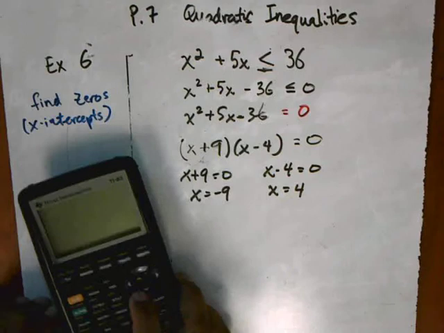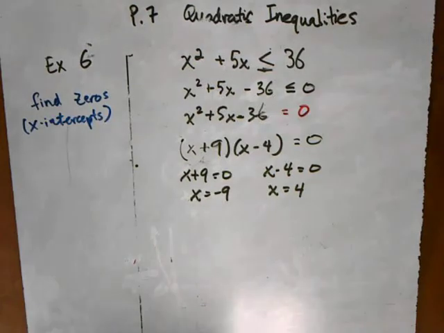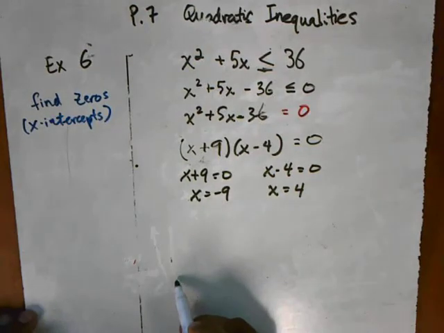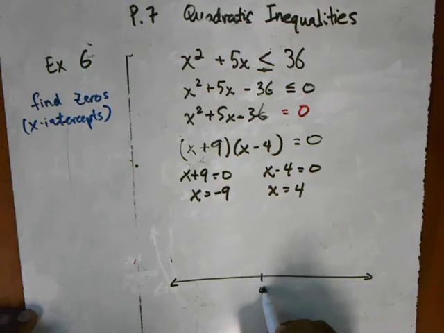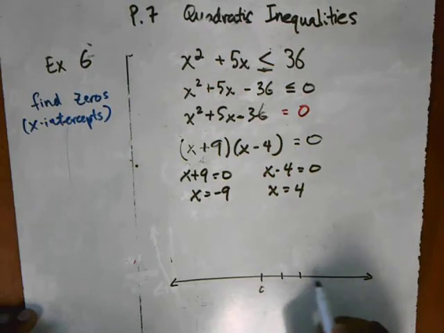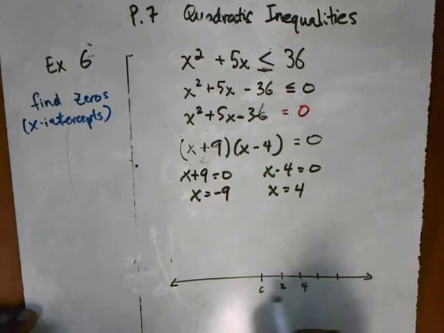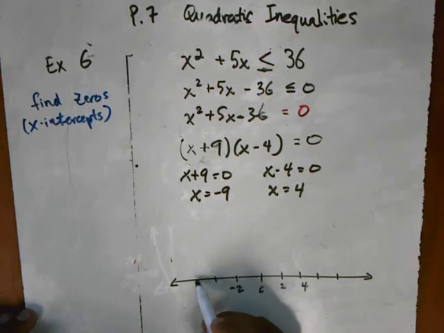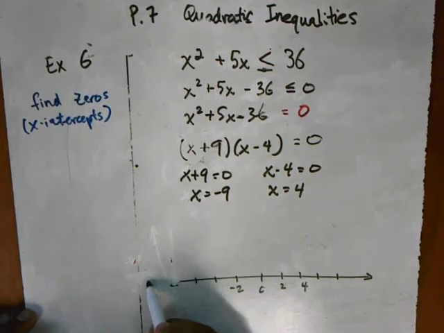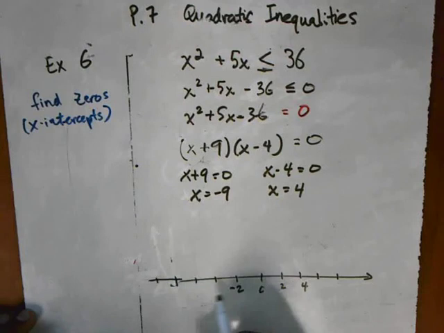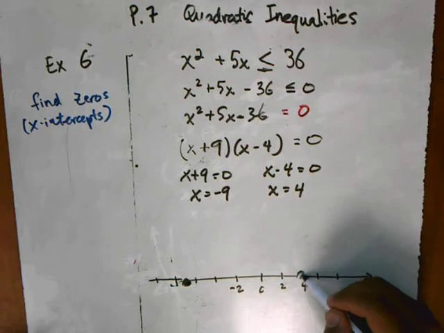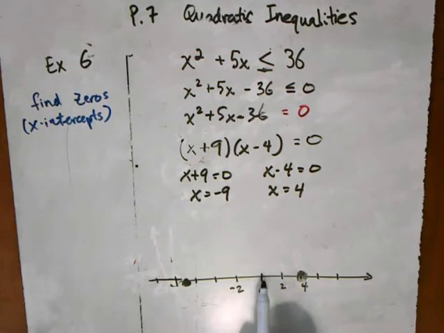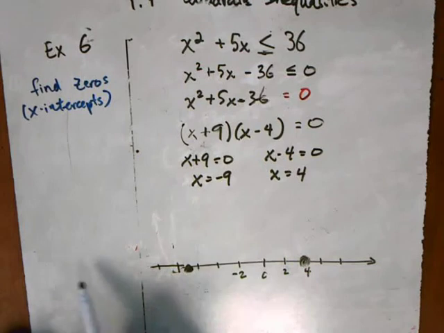And this time again, I'm going to use my graphing calculator to help me graph. Now when I graph this, there's one thing that I know for sure. If this is 0, 2, 4, -2, -4, -6, -8, -10, so -9 is here. What I'm interested in is what happens in between here. Now there's a few things that could happen.